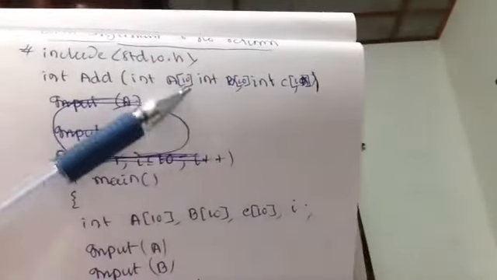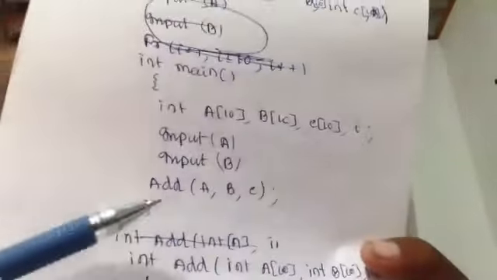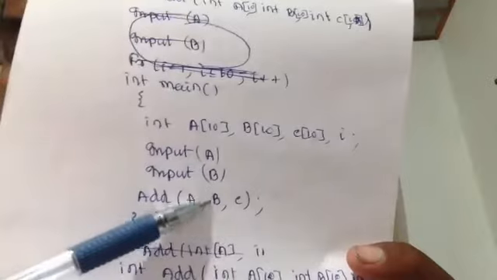A, B, C are the parameters. You see, int A, int B, int C. I call it add(A, B, C). You check it. I don't have the book with me still. Check whether the subscript value is equal over here or not. I think it's equal.